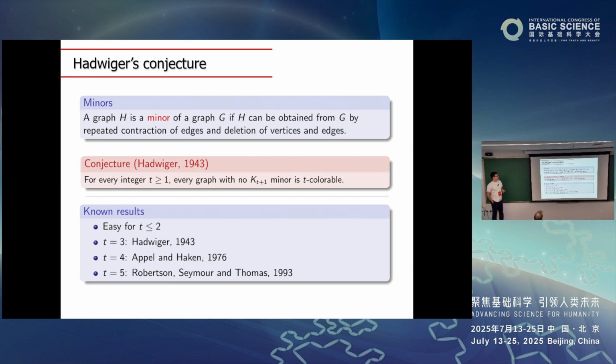So Hadwiger conjectured that in general, every graph which doesn't have a complete graph on T plus 1 vertices as a minor can be properly colored with T colors. Okay, and that's the conjecture.